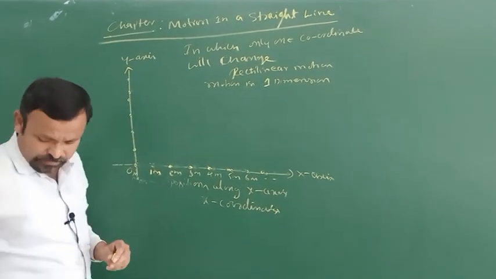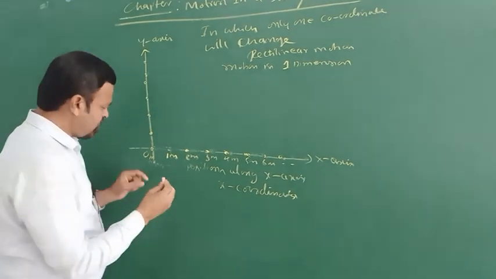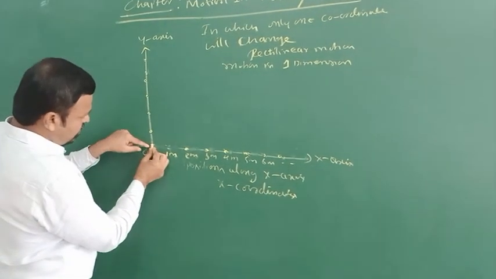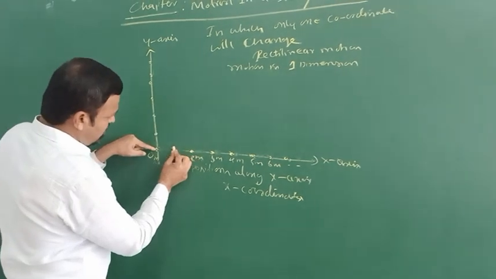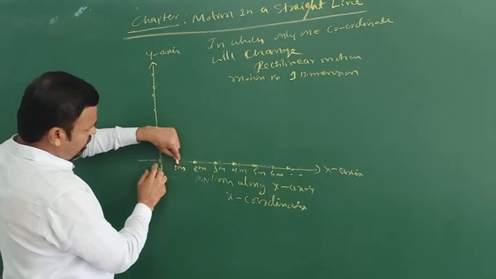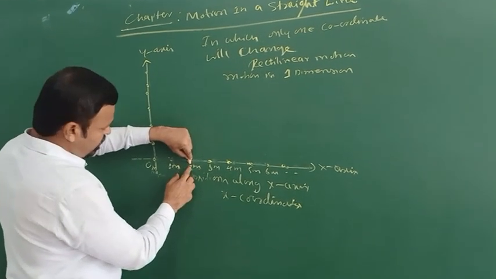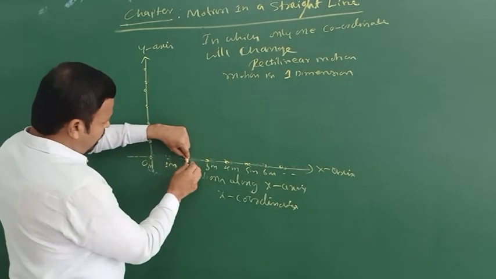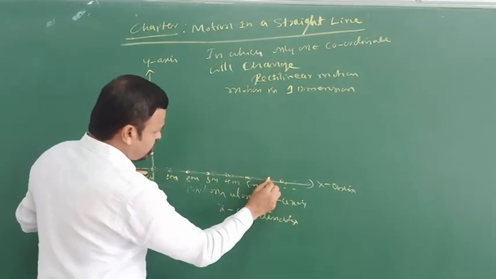Consider you take one object, say a piece of chalk, initially at the origin, and it starts to move along the x-axis. Now it comes to one position, at a distance of 1 meter from the origin, and then it moves to another position at a distance of 2 meters from the origin. Just observe the piece of chalk moving along the x-axis.